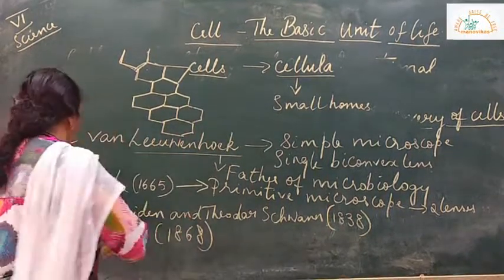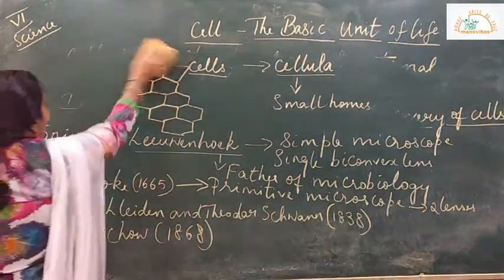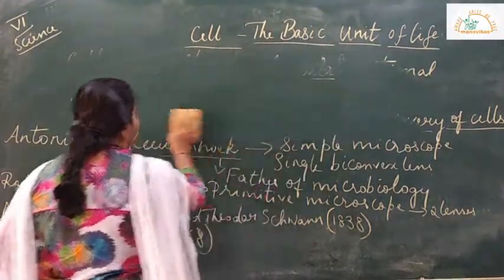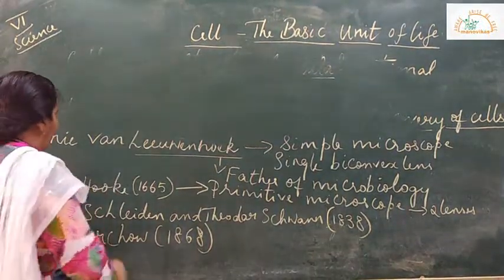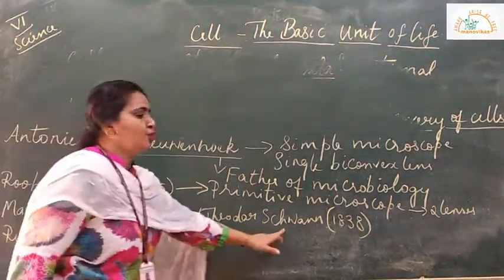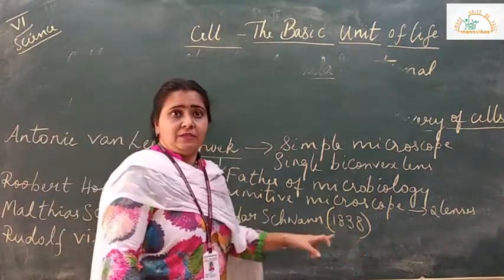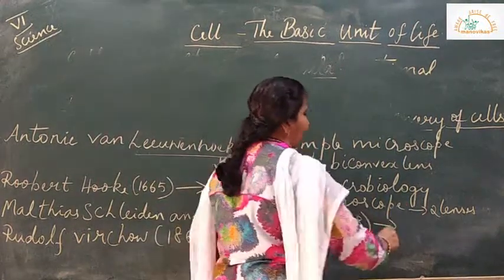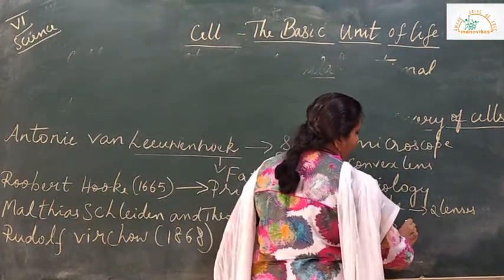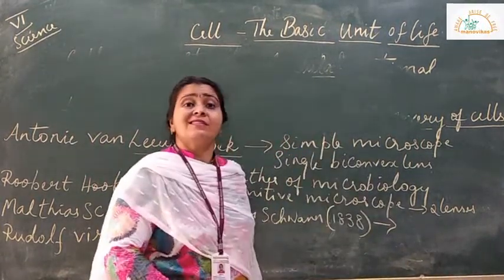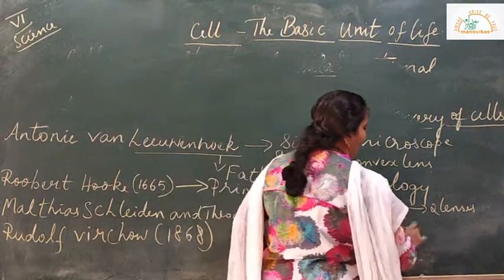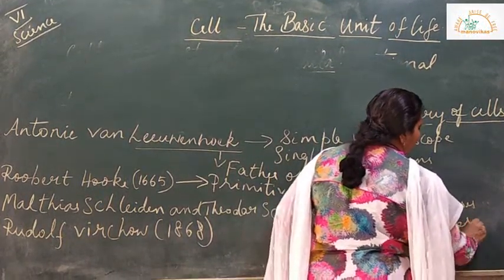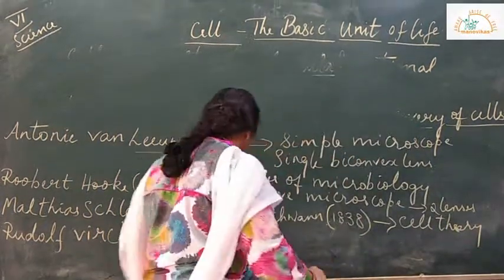Now let us see the next one, Matthias Schleiden and Theodor Schwann, in 1838. In 1838, they put forward the cell theory of life.